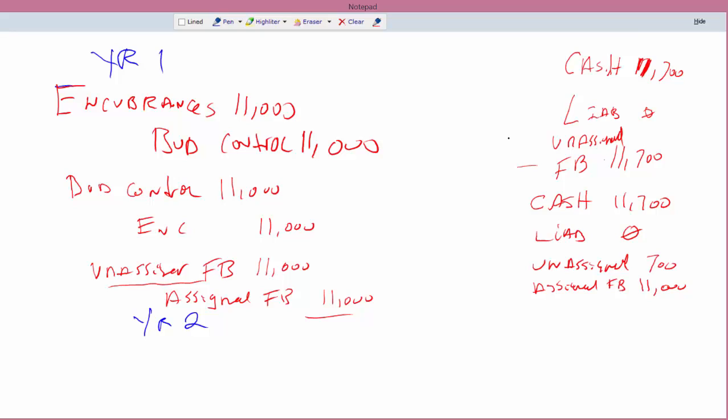I reverse everything I had done at the end of year 1. So I'm going to debit the assigned fund balance for what, $11,000? I'm going to credit the what?